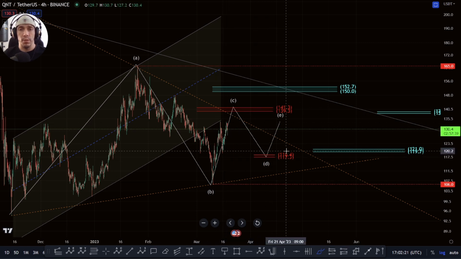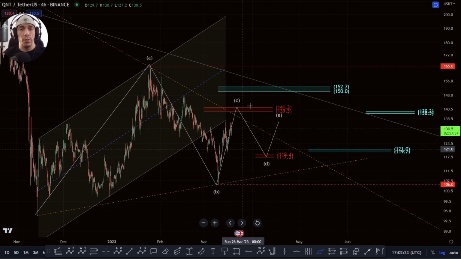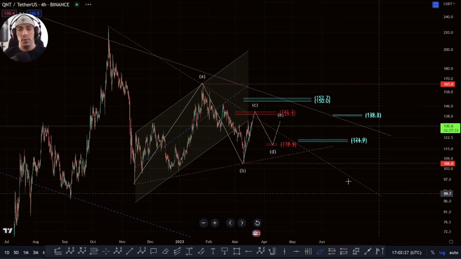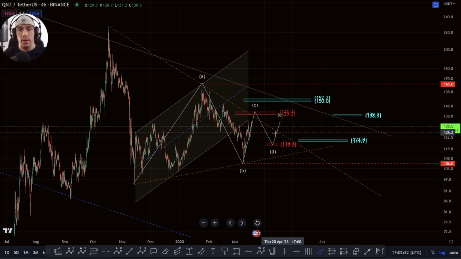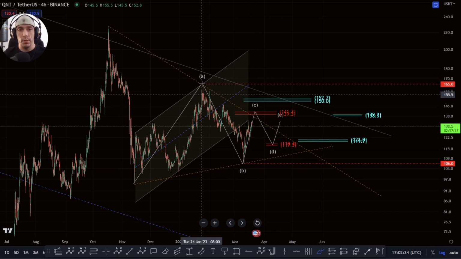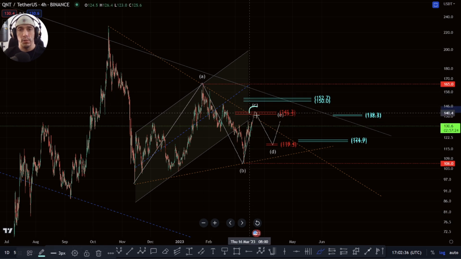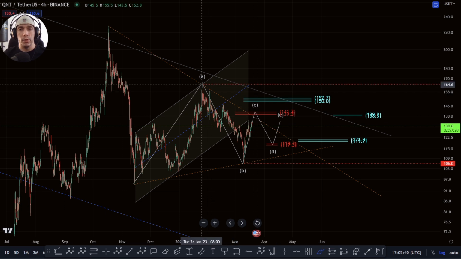If we just remain range bound here, it is one possibility that we could be playing out within a triangle, in which case my primary expectation would be down. But if we did have to be looking at something like this, if we start to break up, and once we form the C wave, if we break back above it, then that invalidates this structure.